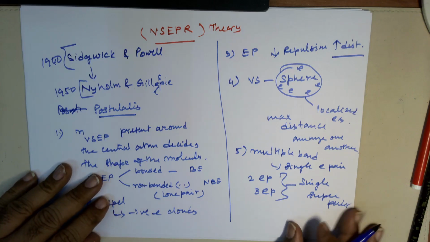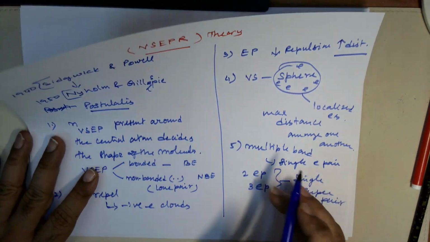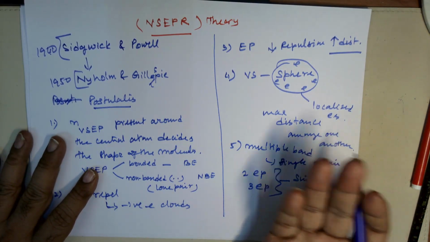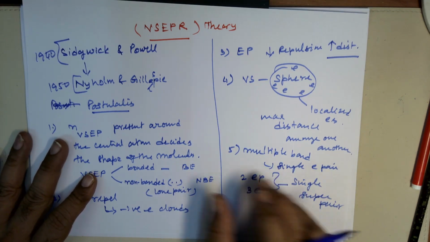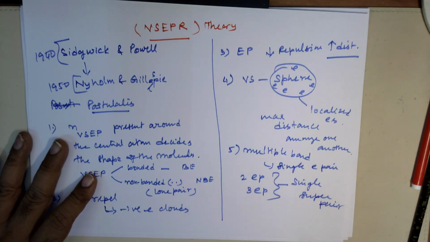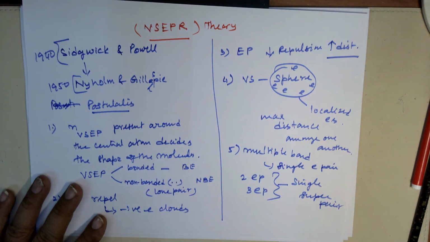So the multiple bond means what? Single, double bond, triple bond, etc. So when they have two electron pairs or three electron pairs, they are put together and called a single super pair.